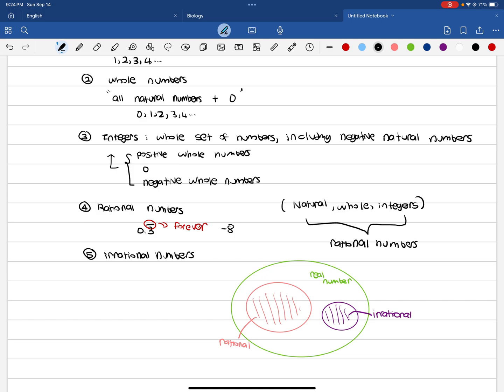Back to our definition. These are numbers that cannot be written by dividing one integer by another. For example, root 5, which is 2.236067977... Or pi, which goes on forever: 3.141592653.